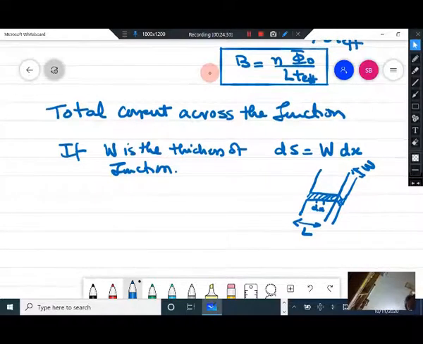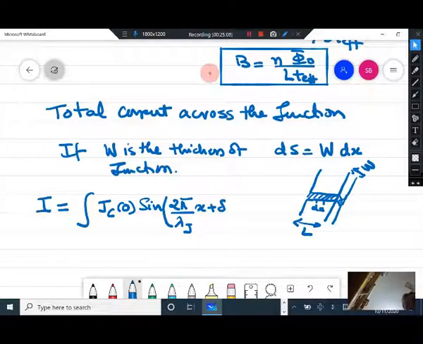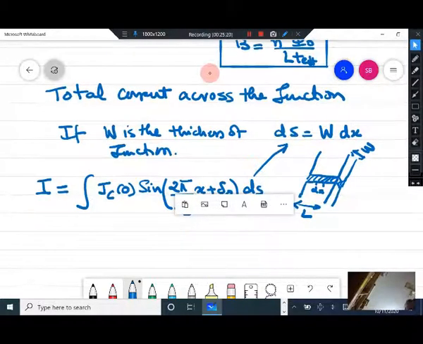So the total current I is nothing else but going to be the integral of Jc0 sine of 2 pi by lambda j times x plus delta 0 into ds, where this is ds. So the current which is crossing per unit cross sectional area of the junction, normal to the junction, is this.